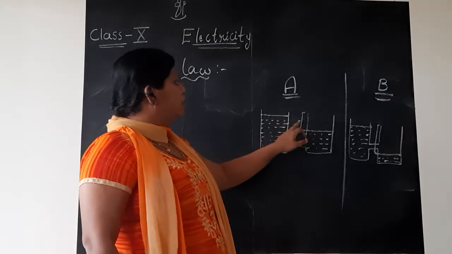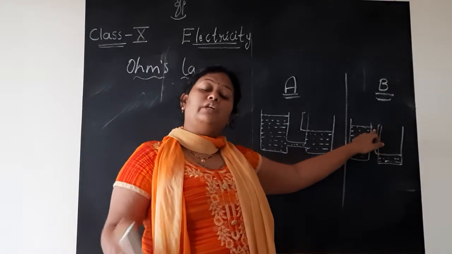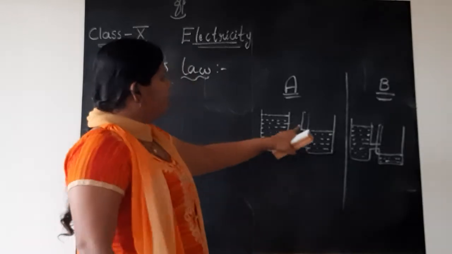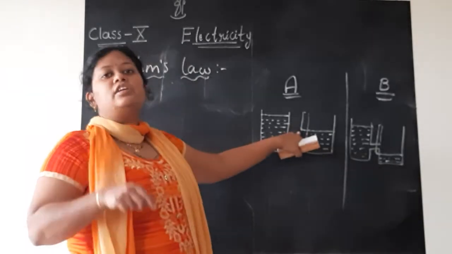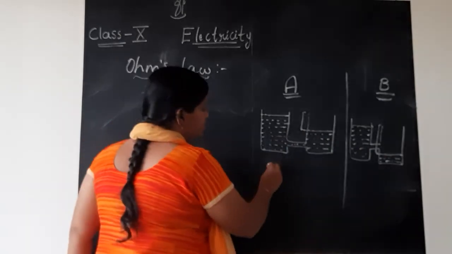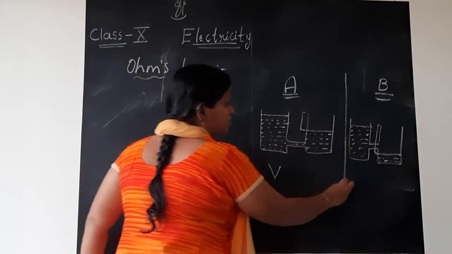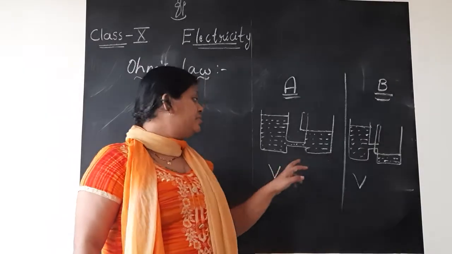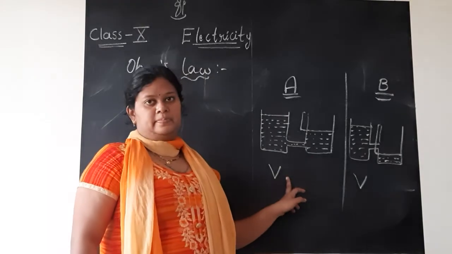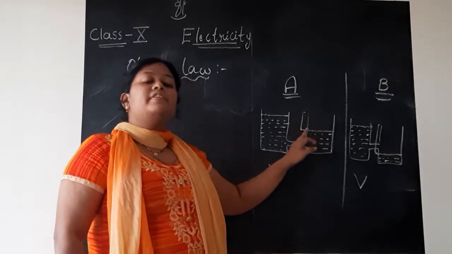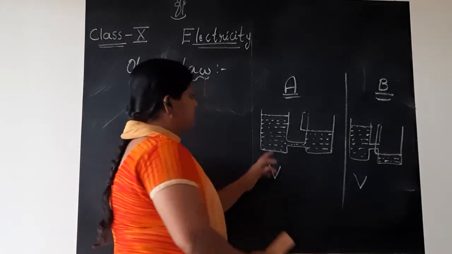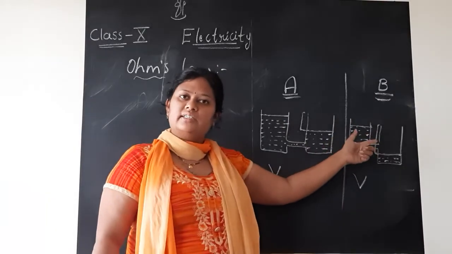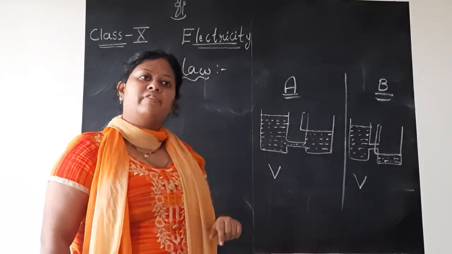Let us represent this water level difference as the potential difference, that is voltage V. When you allow the water to flow to the second beaker in both cases, in which case will the water flow very fast?